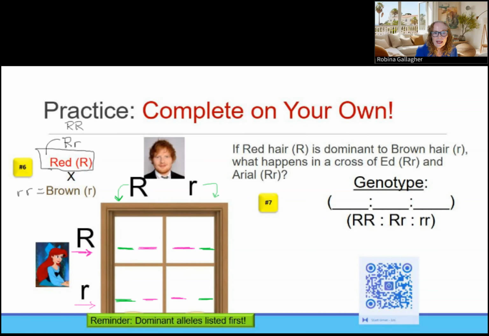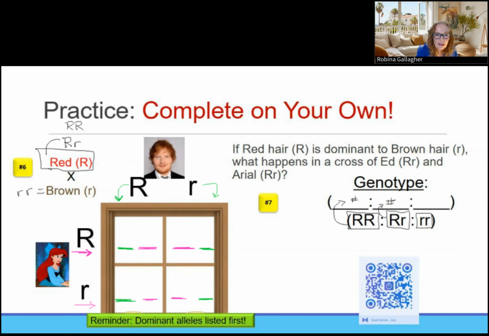Okay. Then after you do question 6, you're going to count the boxes that look like this and put the number right here. Count the boxes that look like this and put that number right here, just the number, not the letters.